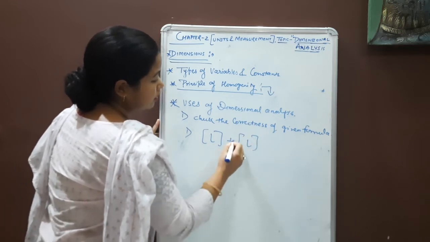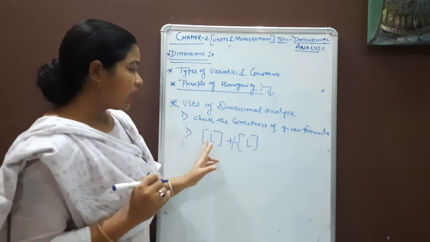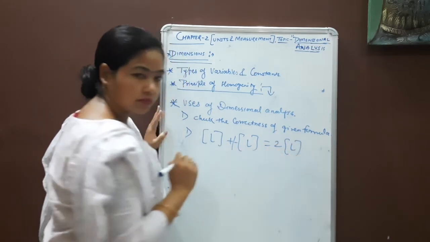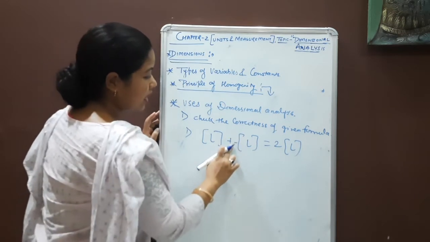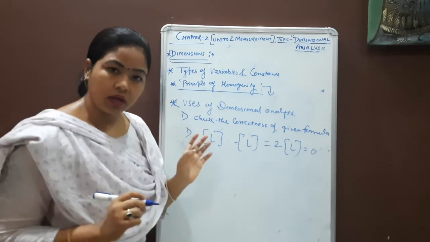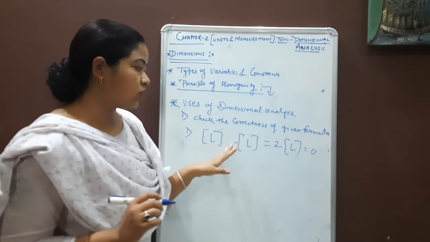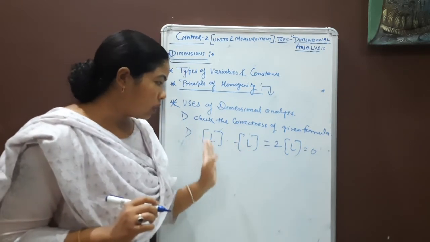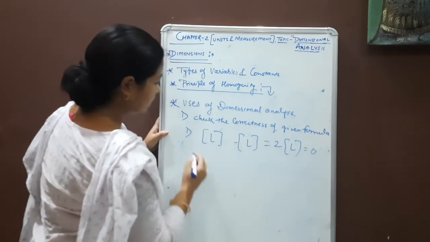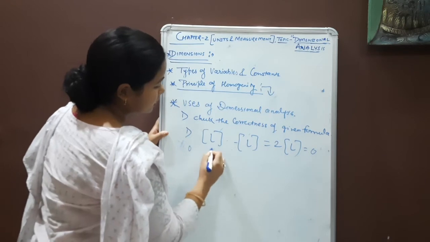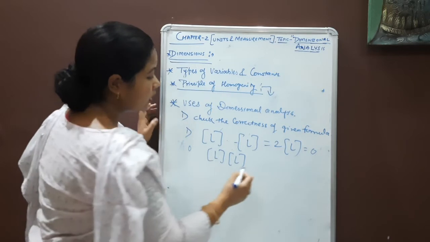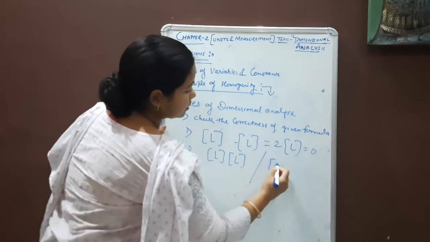That means L plus L, we can now write 2L, or L minus L, we cannot cancel it out. Right? So we cannot do subtraction and addition in dimensional analysis, but we can do multiplication and division in dimensional analysis.